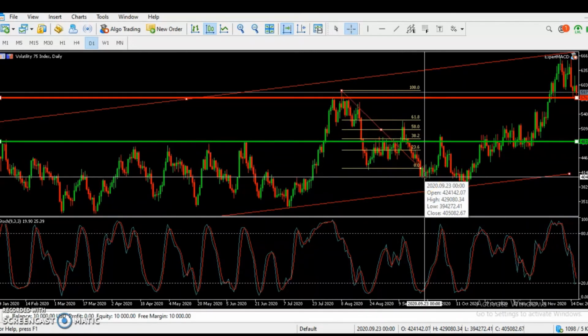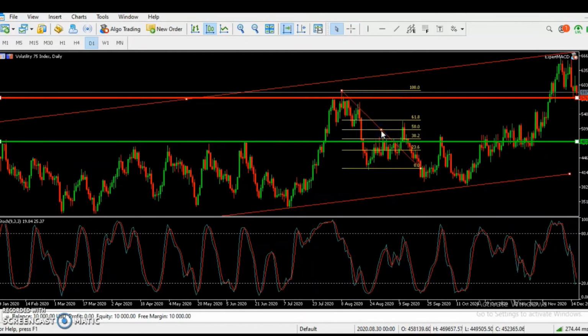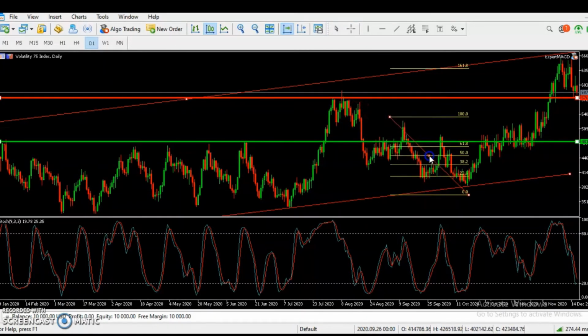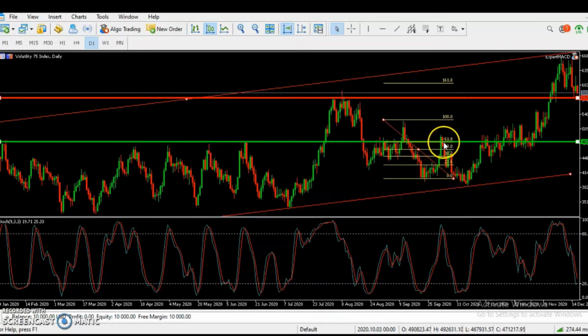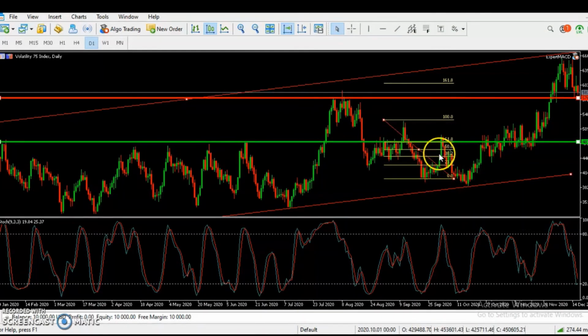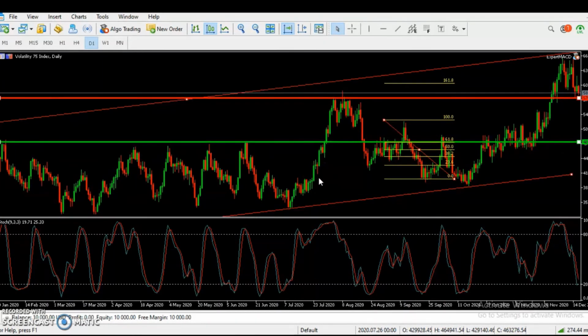Yeah, and this has actually maintained a good retracement, because you can also see it has maintained 61.8 to 38.2. A false breakout here, but it has maintained that same pattern. There are a lot of patterns here.